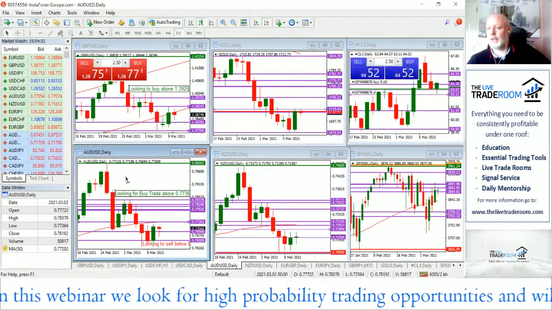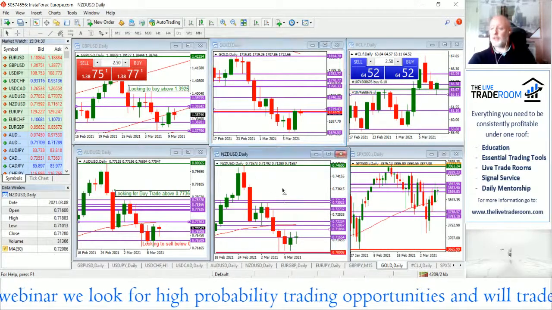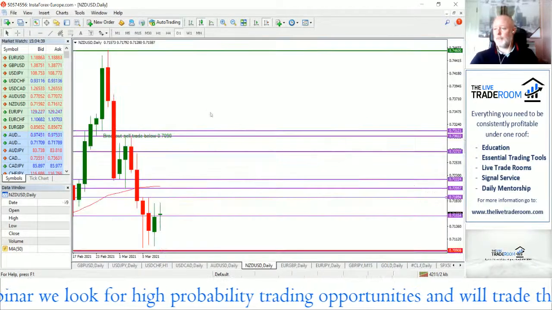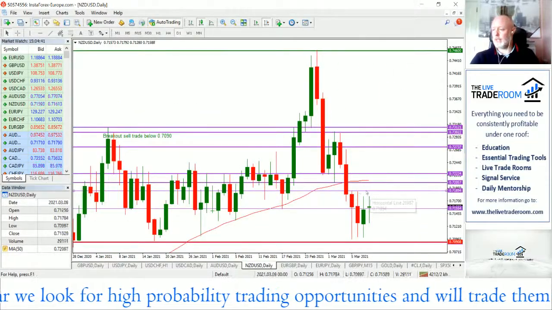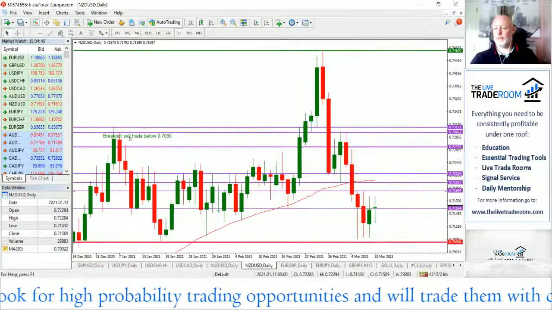I'll just put it in there so you can take note of these trading opportunities. These are what we refer to as high probability trades, and we need obviously price action to just perform as per expectation.